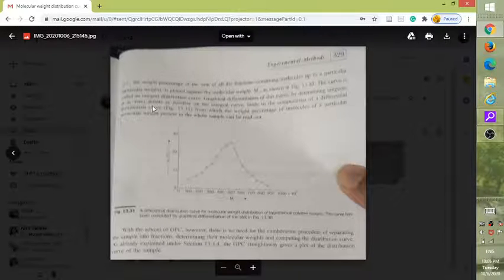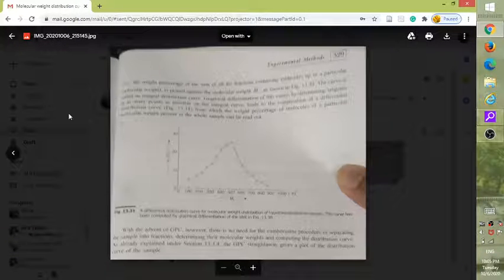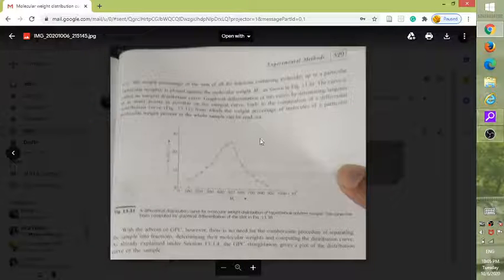Graphical differentiation of this curve, by determining tangents at as many points as possible on the integral curve, leads to the computation of a differential distribution curve, 13.31. If I take the derivative of the earlier integral plot by drawing tangents at as many points as possible, then I'll get this graph.